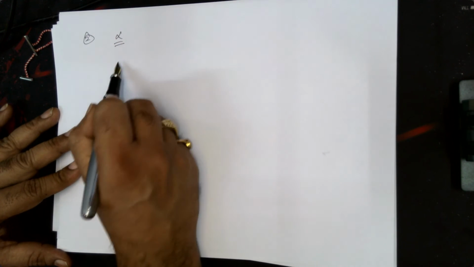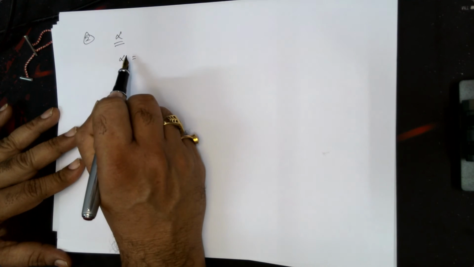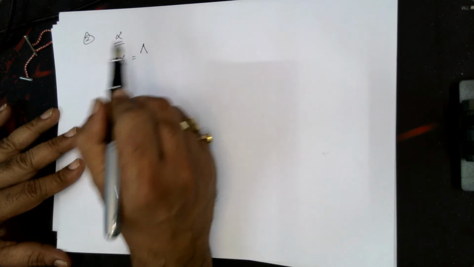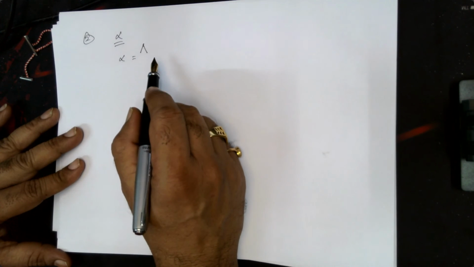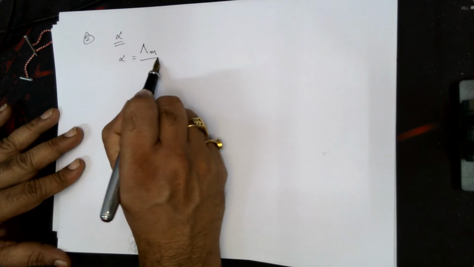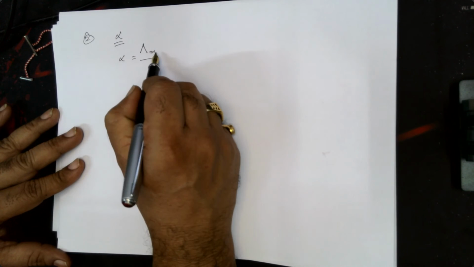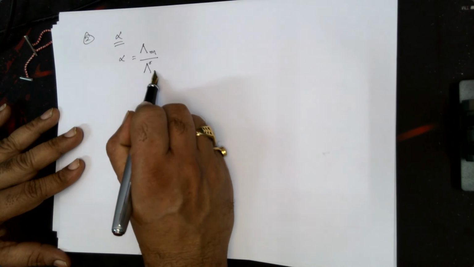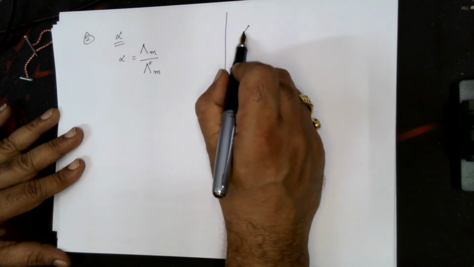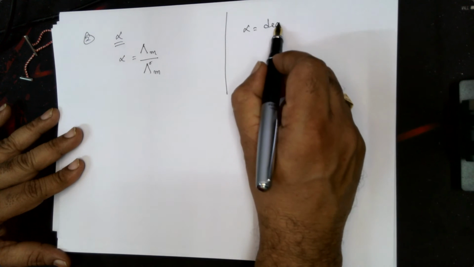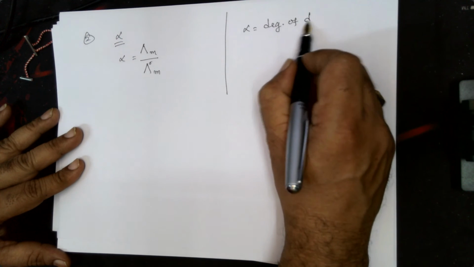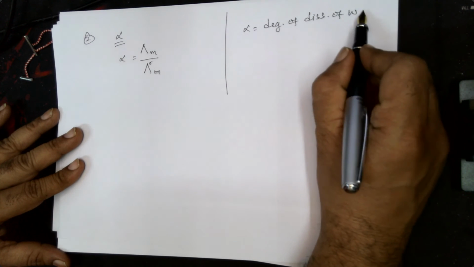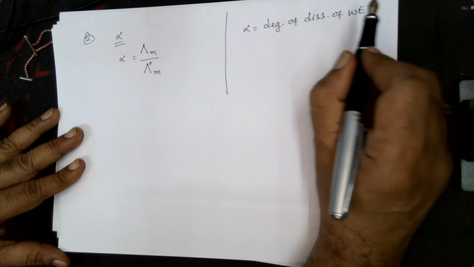This is obtained as molar conductivity at a certain concentration divided by molar conductivity at infinite dilution. So what is alpha? Degree of dissociation of a weak acid, or weak electrolyte.